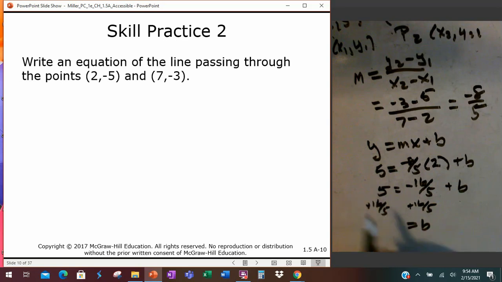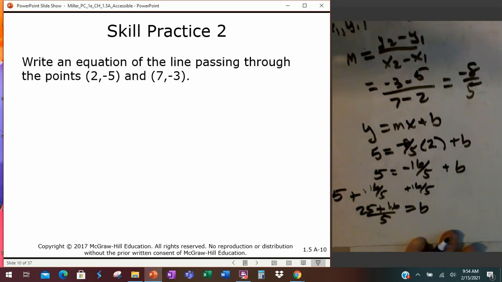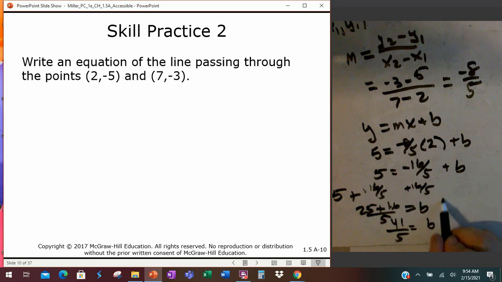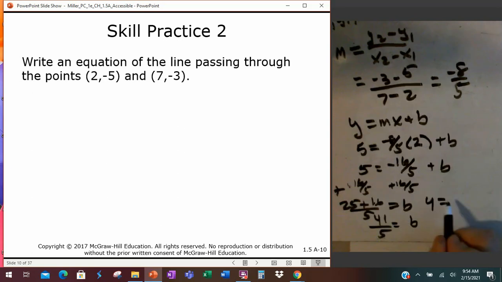And this is 5 plus 16/5, 25 plus 16 over 5. And that's my b. So now I can just finish it out. Y is equal to my -8/5 x plus 41/5.